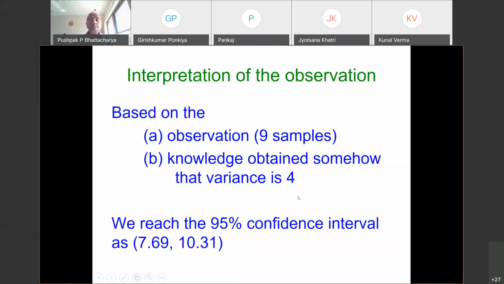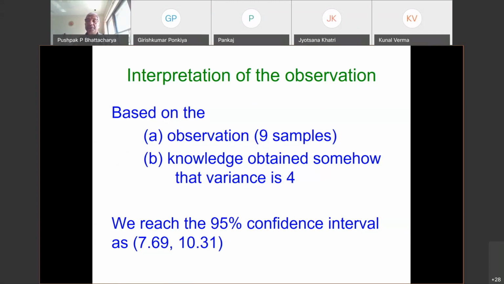Now, based on the observation, which is 9 samples, and the knowledge obtained somehow that the variance is 4, we reach the 95% confidence interval as 7.69 to 10.31. That means the population mean will lie between 7.69 and 10.31 with probability 0.95.